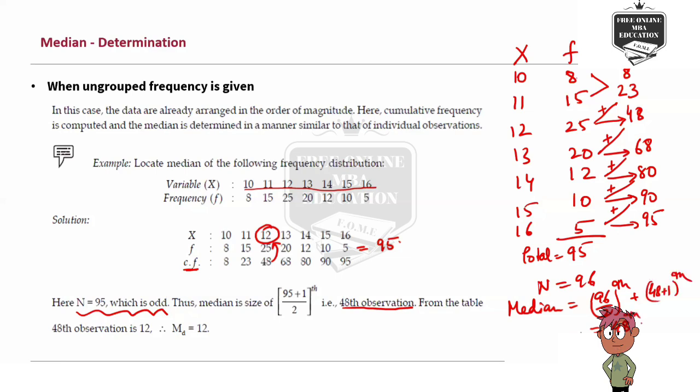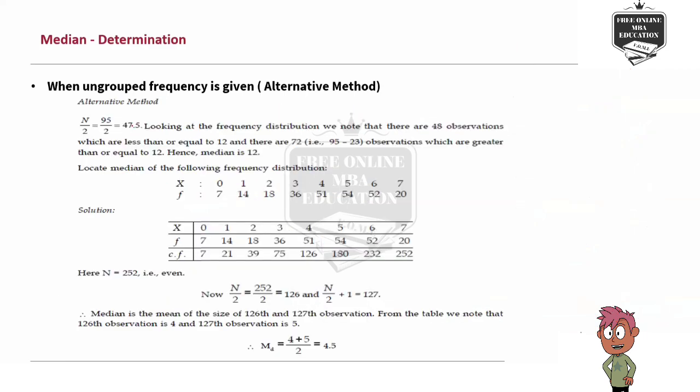So that is the 49th observation, like this. So this is how you can calculate your median values. Now here, you can see this is the alternative method of the previous one. How would you be able to find out what the answer to it is?